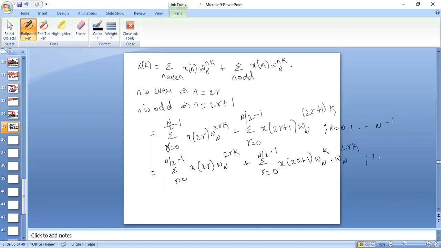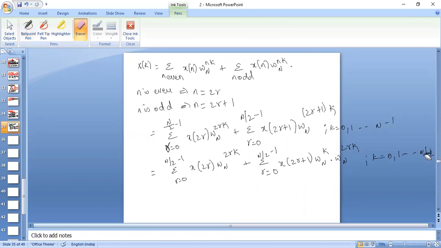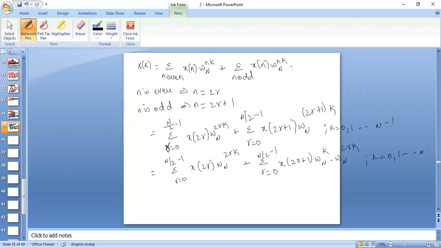In this case, k is equal to 0, 1, and so on up to n minus 1. Okay.